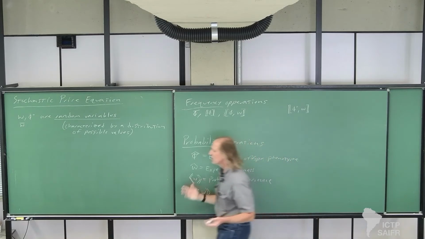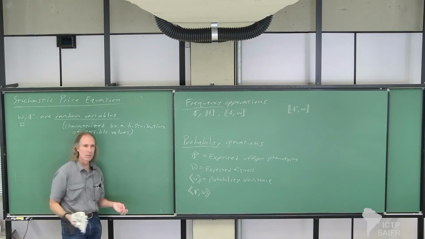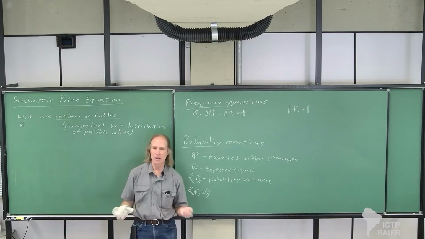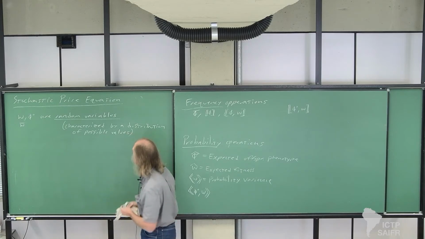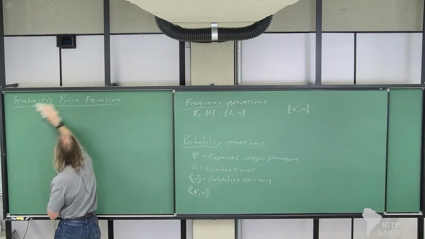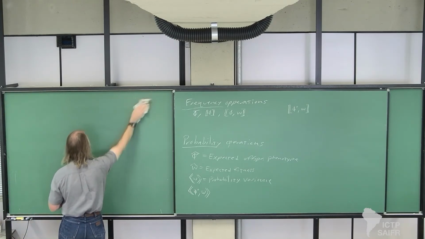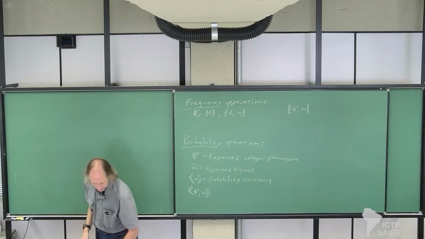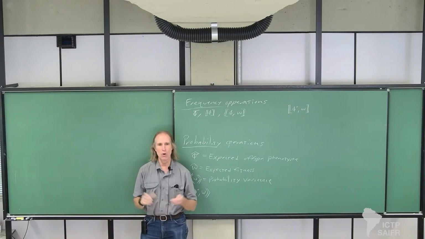Now, here's the thing. Some things are both frequency variables and probability variables, right? So we have to be able to combine them. And to do that, I'm going to just give you a couple of important relationships for relating things.